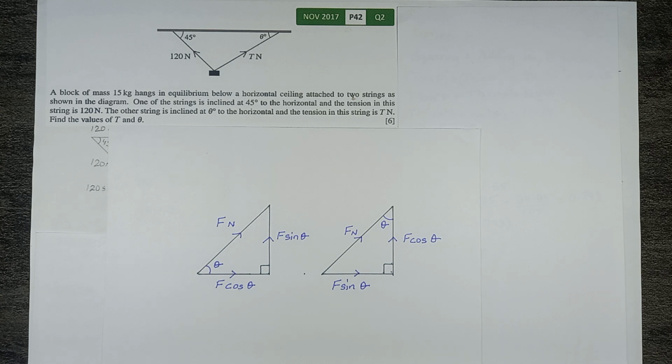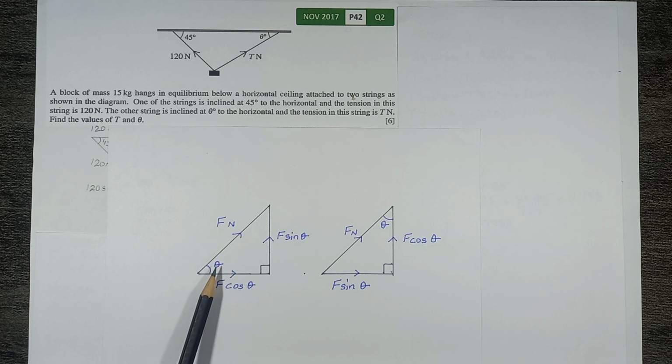If you just look at this diagram, I have drawn two right angle triangles representing the force F, and the position of the angle theta is different. I have seen that most of the students have a misconception that the horizontal side is always a cos component of the particular force. No, it is not like that.